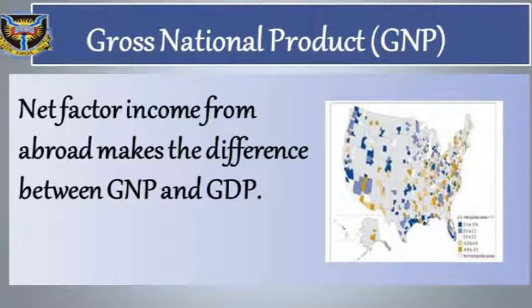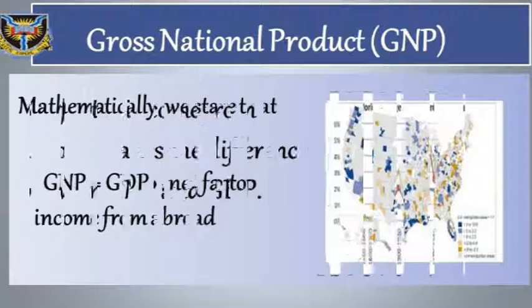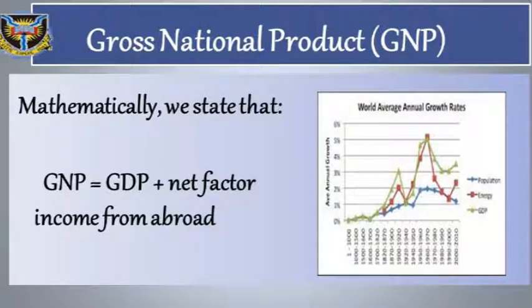Net factor income from abroad makes the difference between GNP and GDP. Mathematically, we state that GNP equals GDP plus net factor income from abroad.